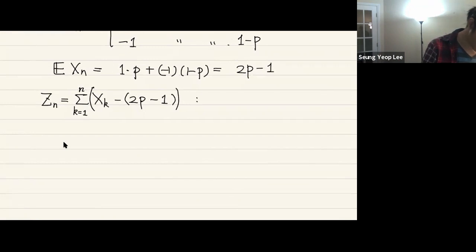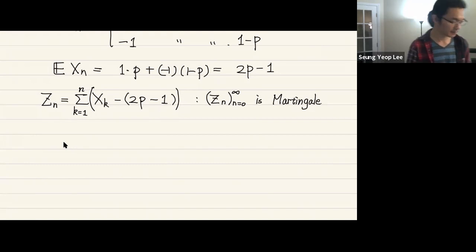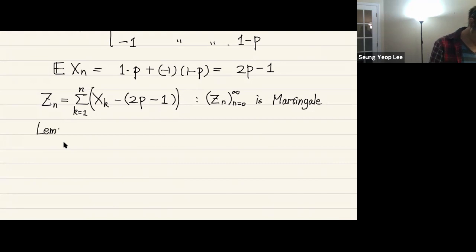So Zn, from 0 to infinity, is a martingale. Okay, and the following lemma is: let M be another martingale.